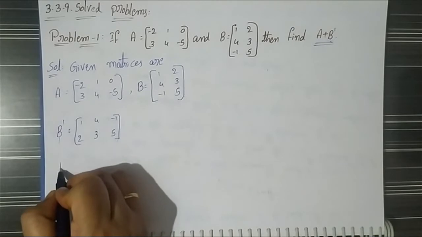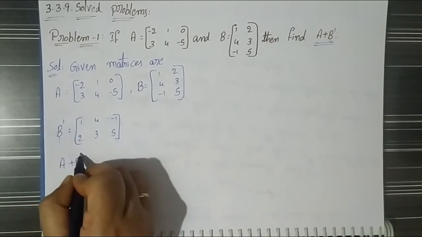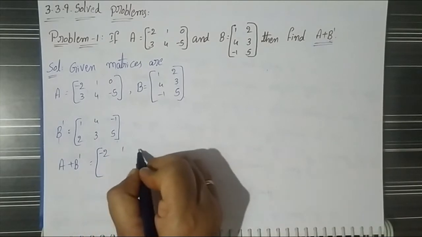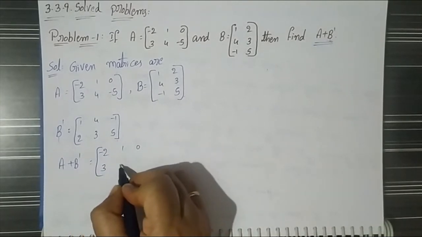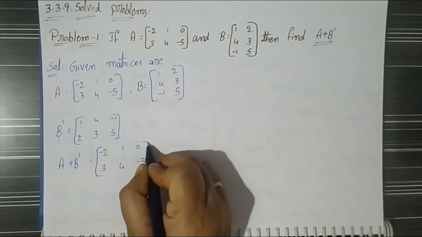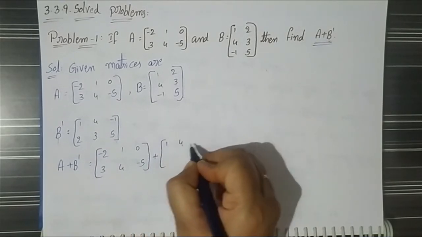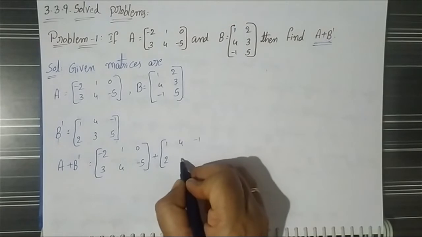Now A plus B dash equal to, first matrix A is minus 2 1 0 3 4 minus 5, plus B dash value is 1 4 minus 1 2 3 5.